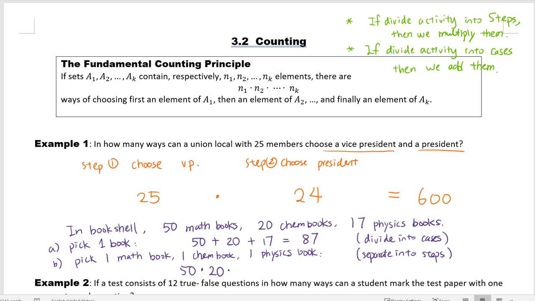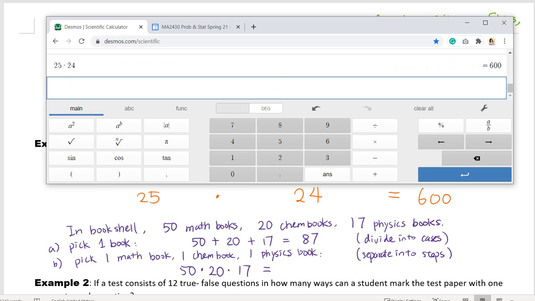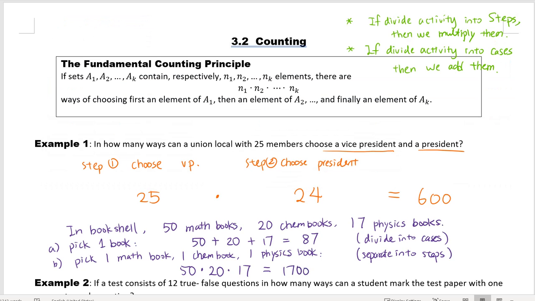And then we pick a physics book, so there are 17 choices. So we multiply them together, and what is that? 50 times 20 times 17 is 17,000. You can see that part A and part B are quite different. Now you can see the difference between cases and steps.